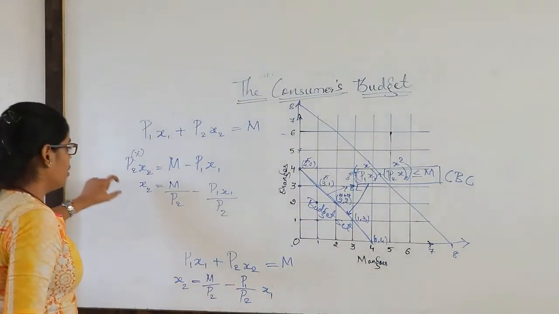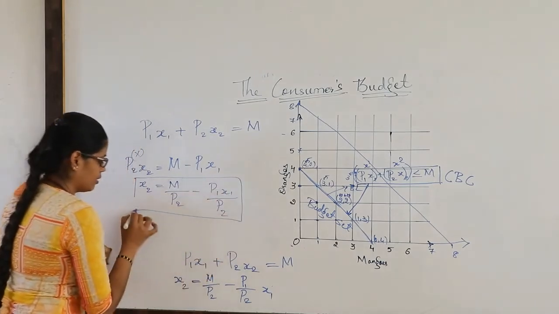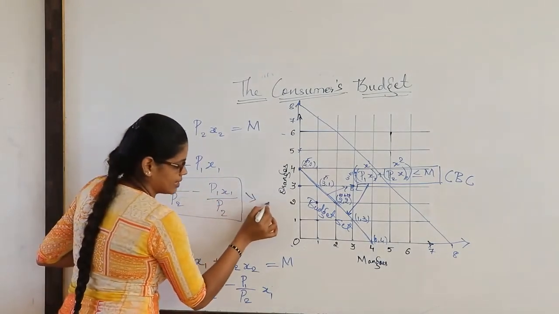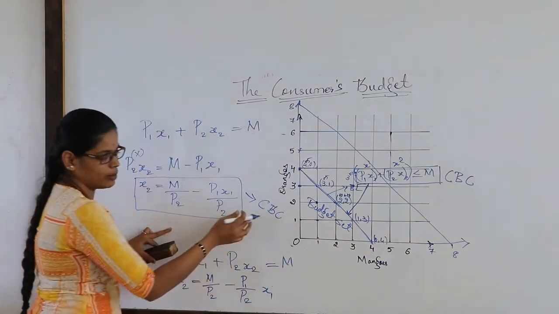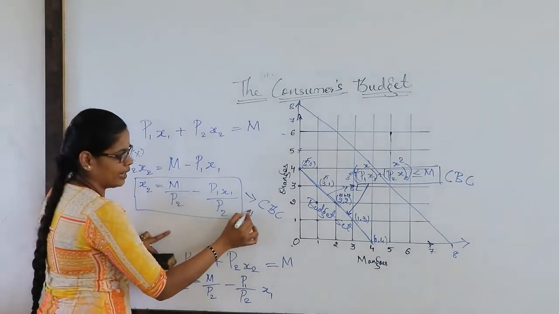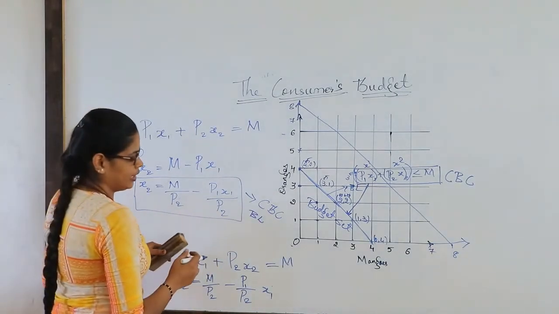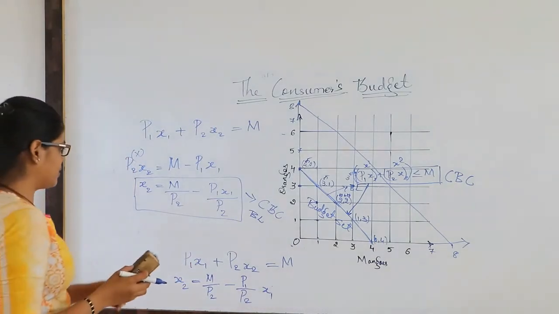So when this equation is derived, it is also called the consumer's budget constraint, or even the budget line or the budget set. Okay? I hope this is clear.